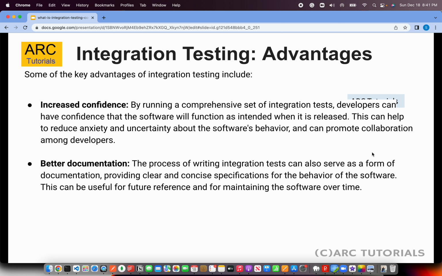When you're working with multiple systems, we have a lot of stories, we have user stories which cover them, which provides us a base for our QA teams to automate, to do manual testing, and hence results in better documentation. Also, the documentation helps as an audit trail in future reference or maintaining the software over a period of time. You can always go back and refer to those user stories as to why something was done in a certain way, and that is your audit log for user stories.